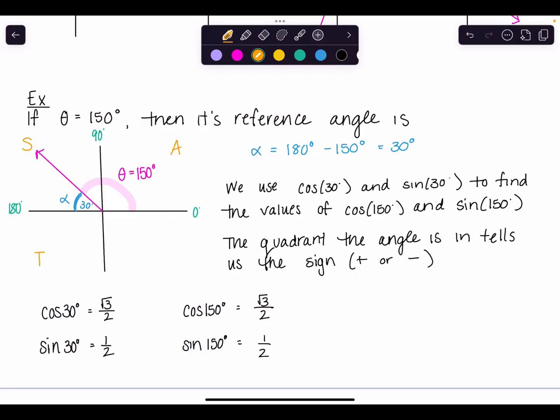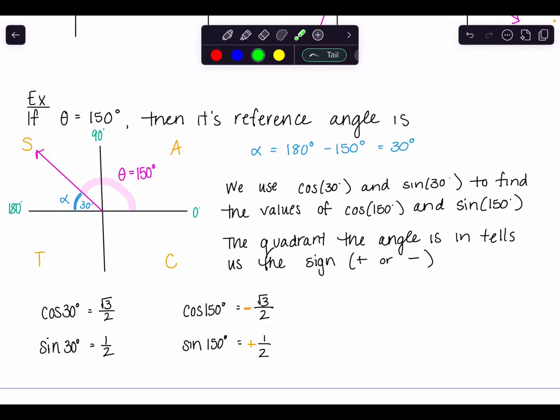So that tells me when I look at cosine of 150 degrees, it's the same number. And same thing, sine of 150 degrees is the same number. But because I'm in quadrant 2 for this angle, remember all students take calculus, sine is positive here, but cosine is negative.